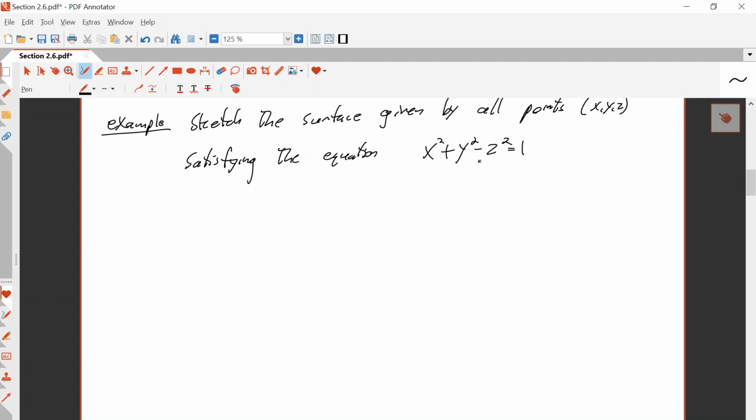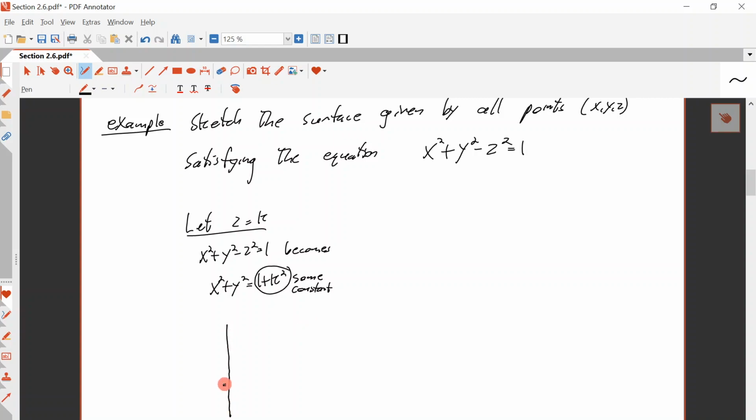Okay, so let z be equal to just some fixed constant. It's no longer variable, it's constant. Then x squared plus y squared minus z squared equals 1 becomes, well, I'm just changing z to k, but it's a constant, becomes this, right? Where this is just a positive constant, in fact. Right, so now if I look at the plane z equal to k, what do we have?